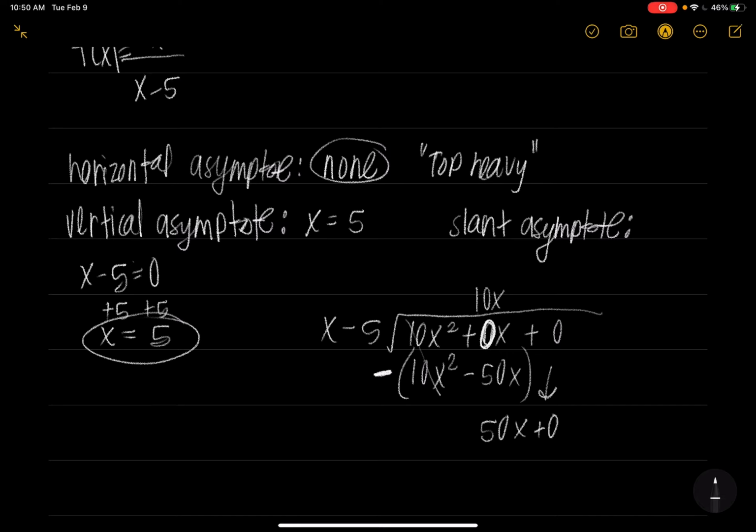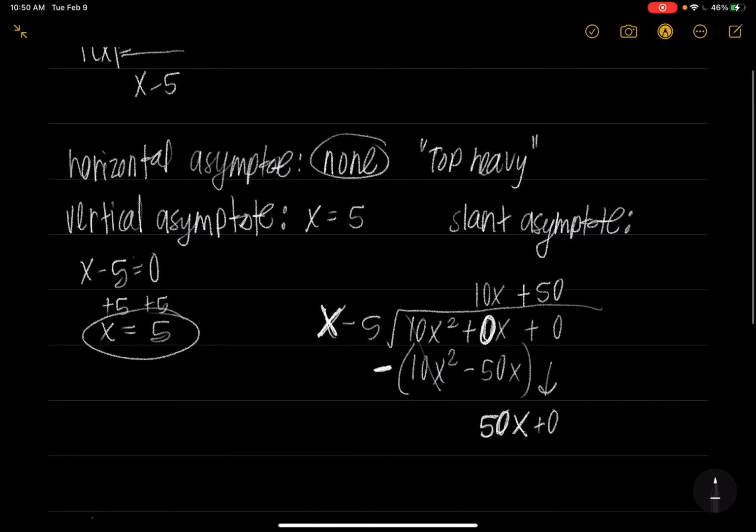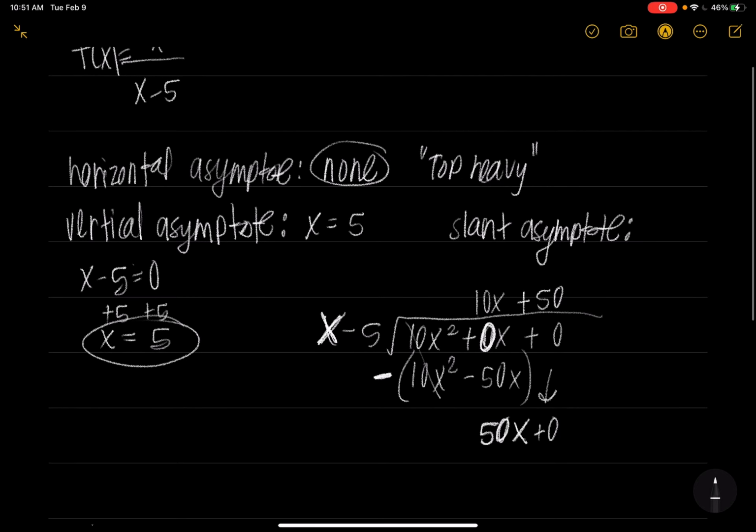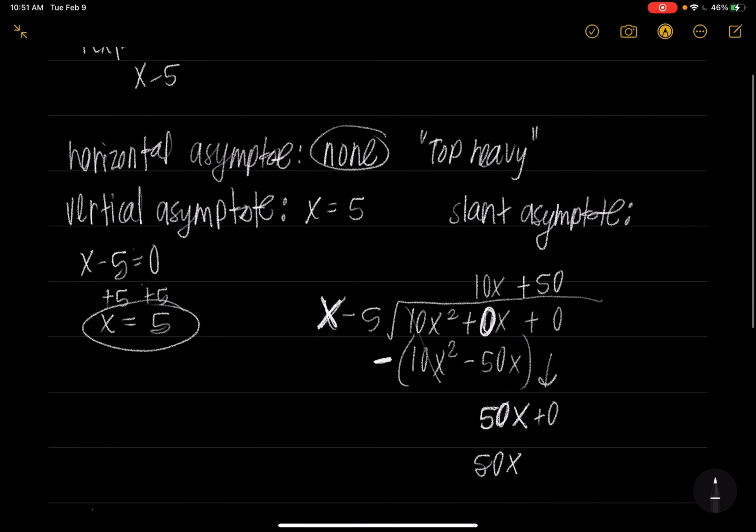So now we're asking, what can I multiply x by to get 50x? And you can multiply it by 50. So 50 times x is 50x, and then 50 times negative 5 is negative 250. We're going to put parentheses around it and subtract.